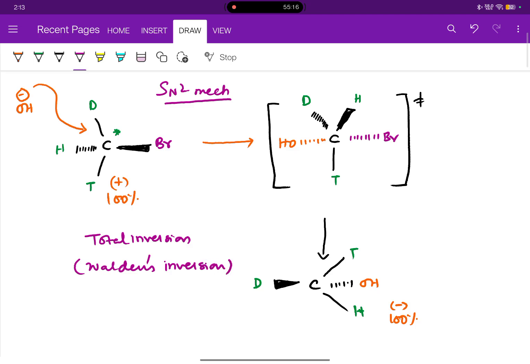Whether the first one is plus or minus, the final product will be the opposite. That is the logic. There is no other logic. Can I tell plus or minus by looking at the structure? Impossible. If any teacher says otherwise, tell them that is not possible. So that is all about SN1 and SN2.